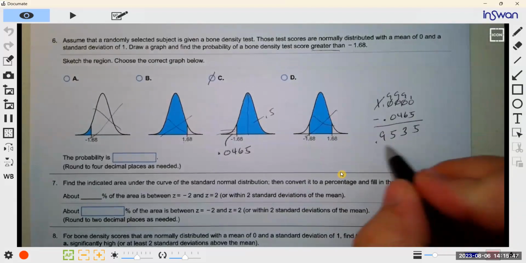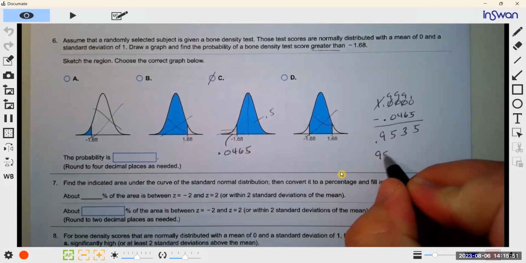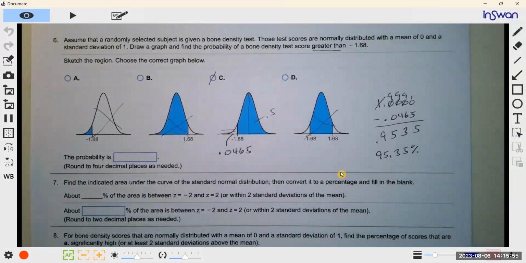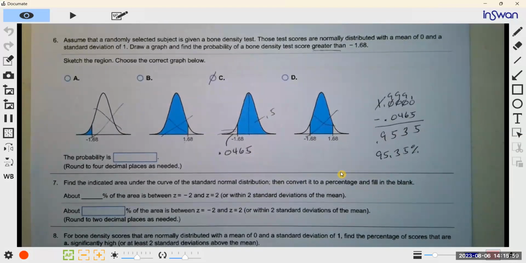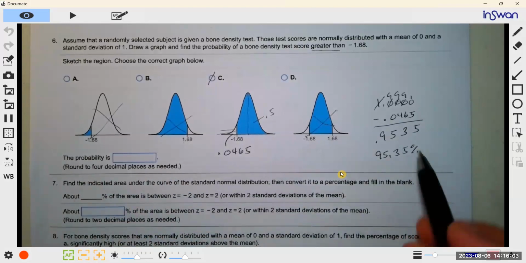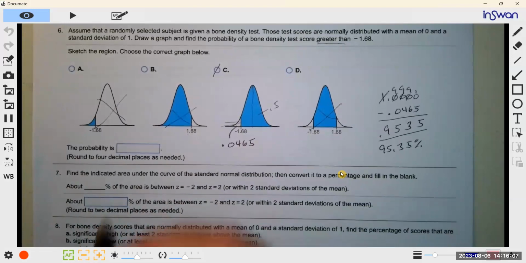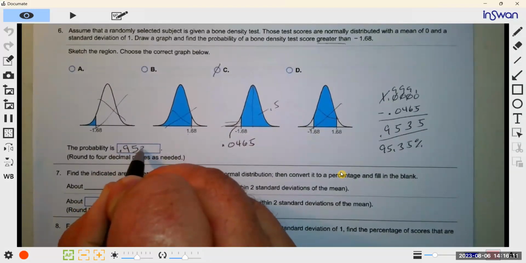So the probability is 0.9535, or 95.35%, however they want it. They want it in 4 decimal places, so it's going to be this one: 0.9535.